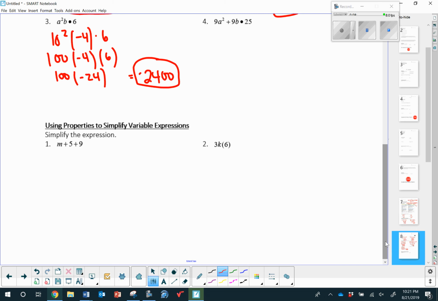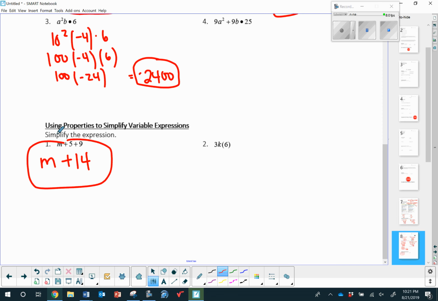All right, friends, move into a new section. So we are going to use these properties to simplify expressions. So m plus 5 plus 9. We know that 5 plus 9 is 14. And then we need to add m to it. M and 14 are not like terms, meaning we cannot add those together.